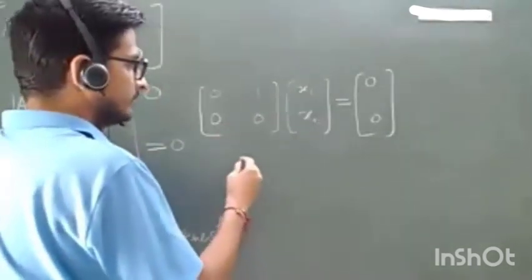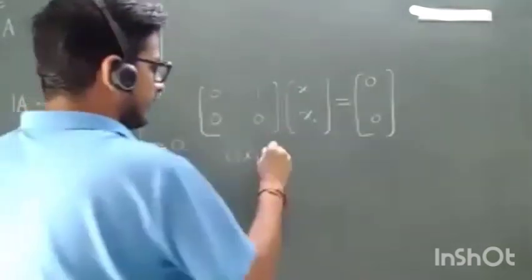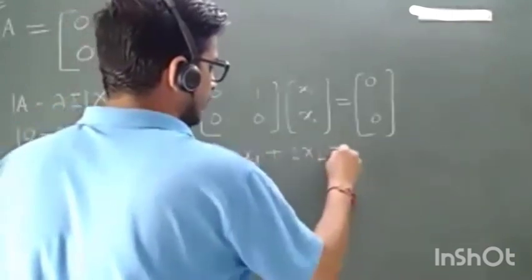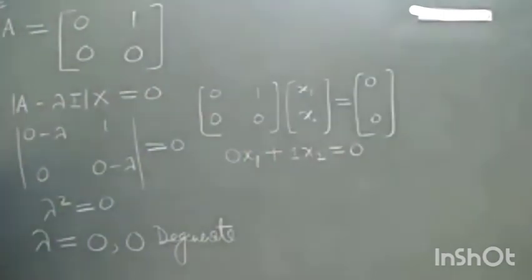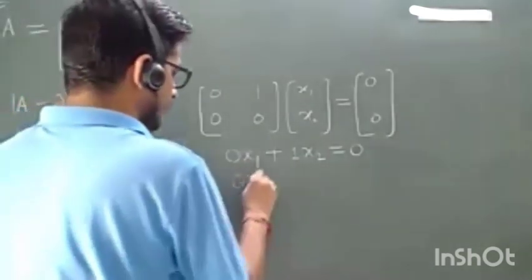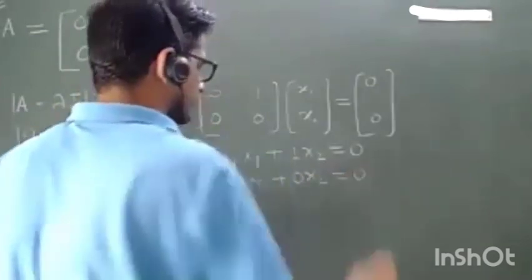Who will tell? 0 x1 plus 1 x2 equals 0, that is x2 equals 0. And the second equation, 0 x1 plus 0 x2 is equal to 0.